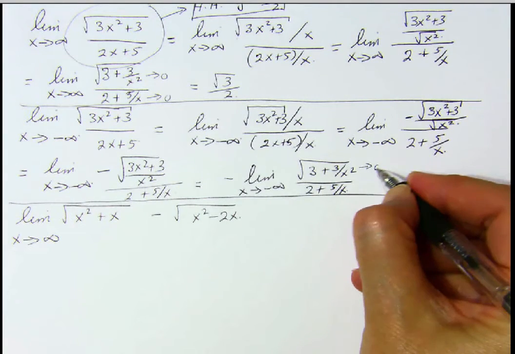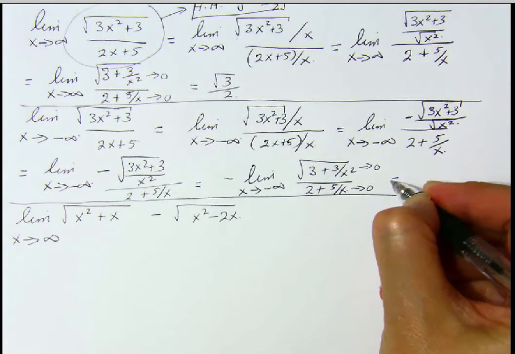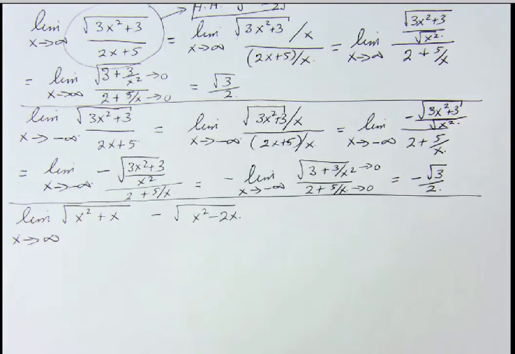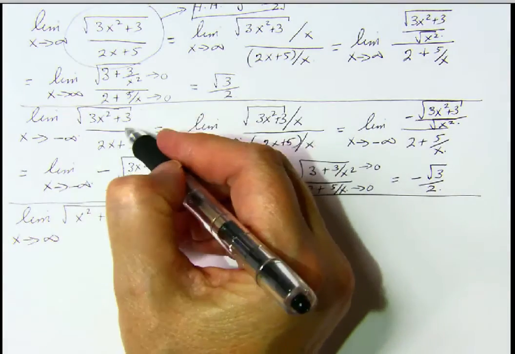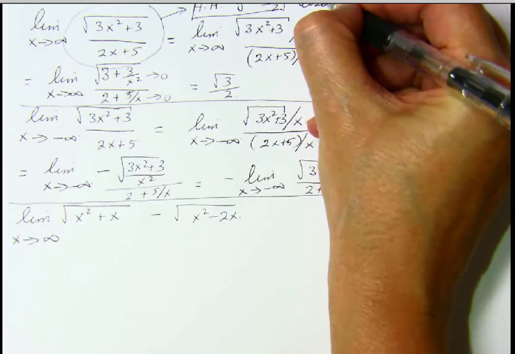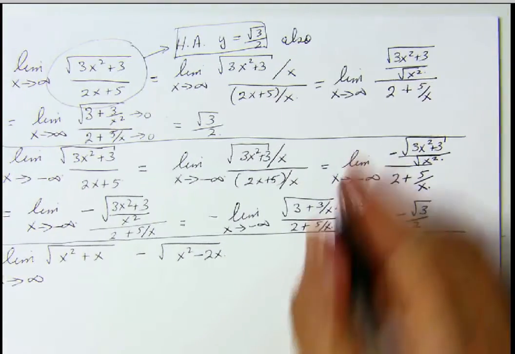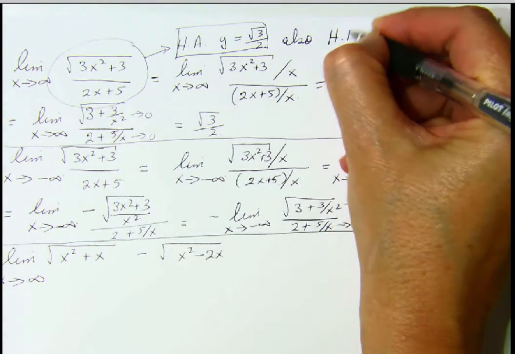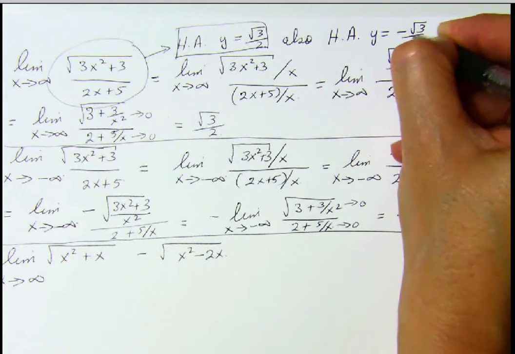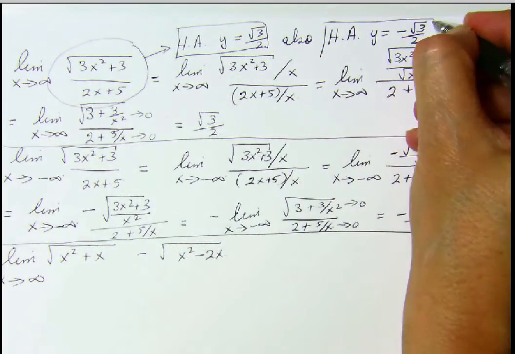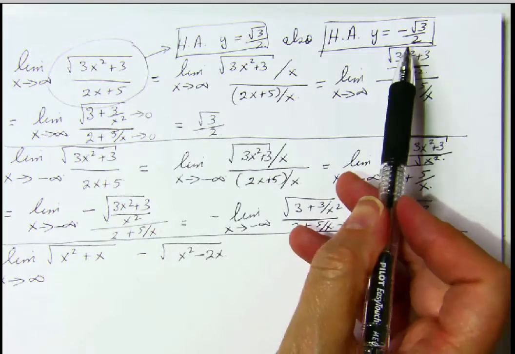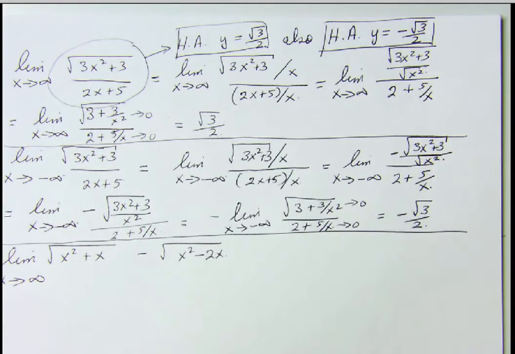Now of course this is going to 0 and that's going to 0, and this is negative the square root of 3 over 2. So this function, which is the same as this one, also has a horizontal asymptote of the form y equals negative the square root of 3 over 2, since the limit as x goes to negative infinity of the function is equal to minus the square root of 3 over 2.